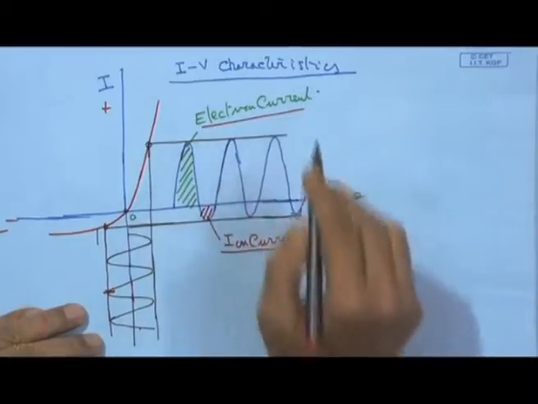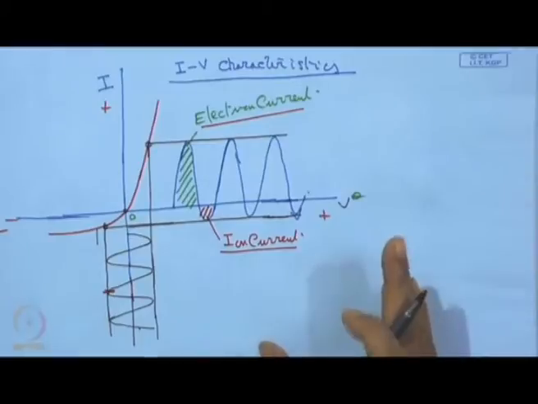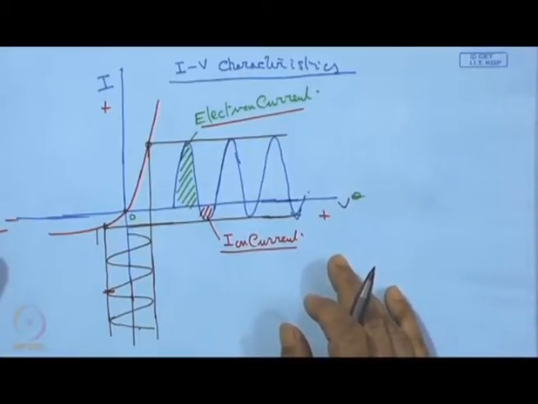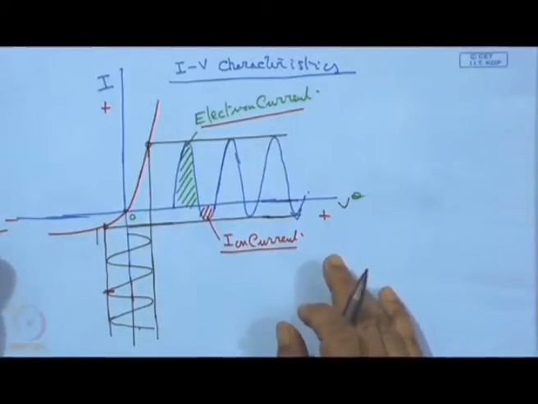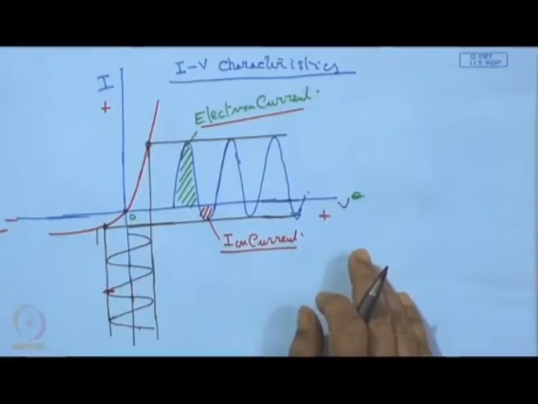So what we see is that this plate or electrode, which is a non-conductor and capacitively coupled in this plasma volume, has such kind of characteristics.